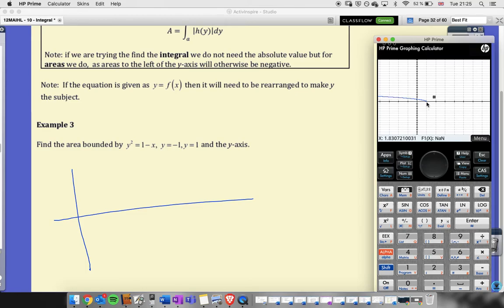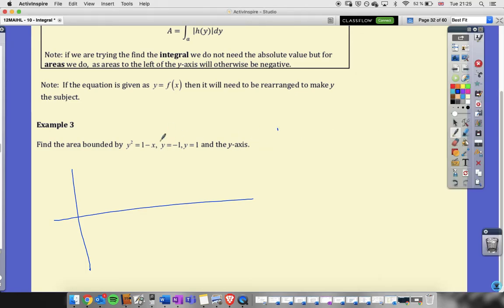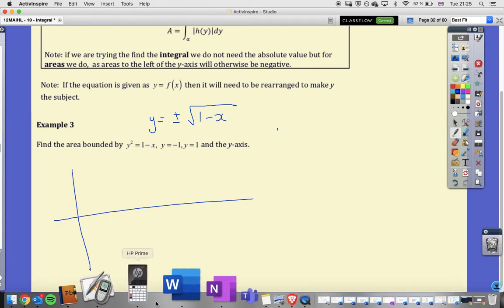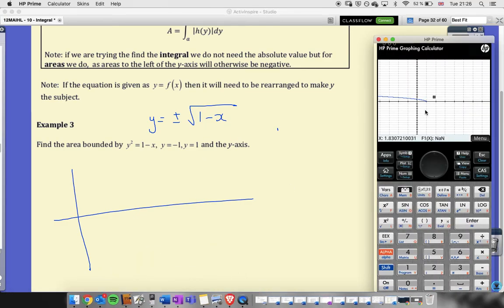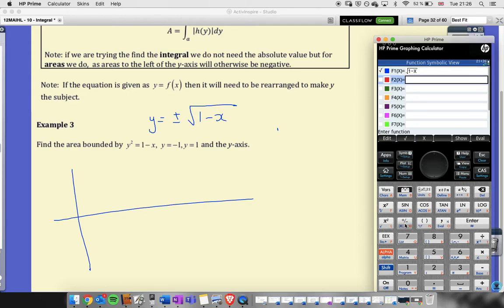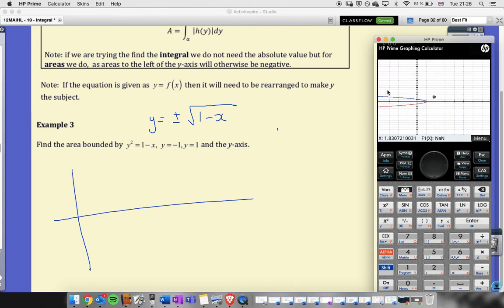Now, the trouble is, when we square root something, we also have to remember it could be a positive or a negative. So I'm actually going to have to plot this in two parts, because this is only half of the curve we want. So I'm also going to have the negative version of it. Okay, so this is what it is. It's a parabola. It's the wrong way round from what we're used to, but it is a parabola.